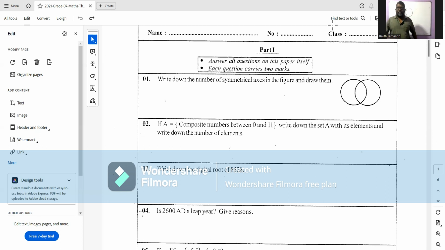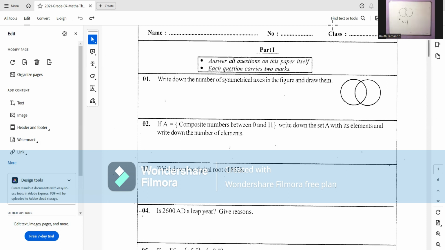The Venn diagram is another method you can use to express your idea of sets. Now they are asking you to express the set A as equal to something. Then you have to use the curly brackets. Then you have to see what elements are in that set. Those are the composite numbers between 0 and 11.